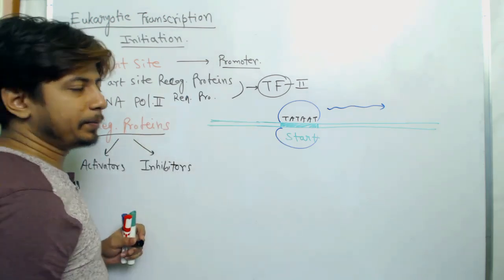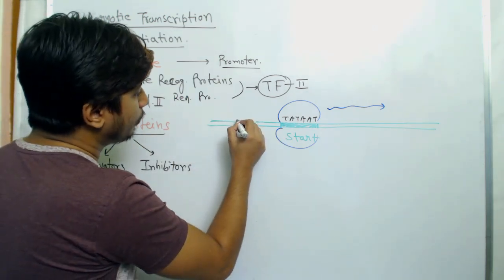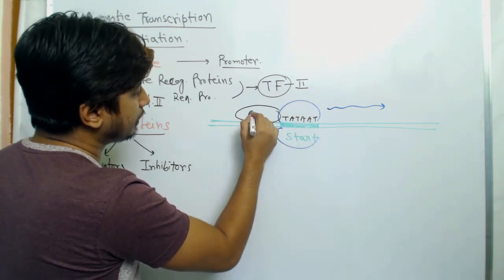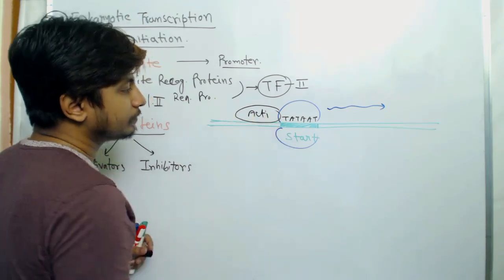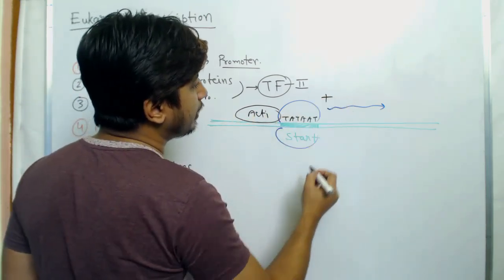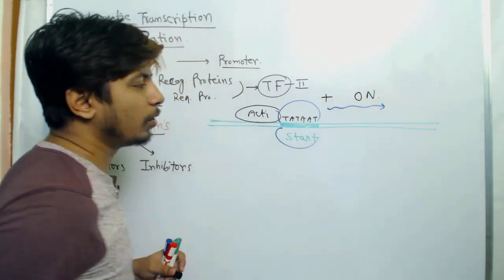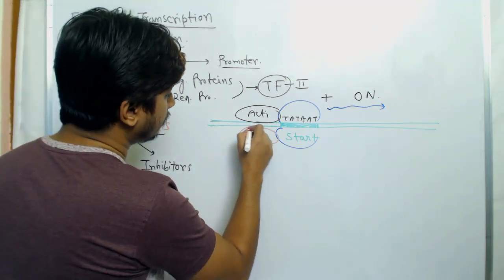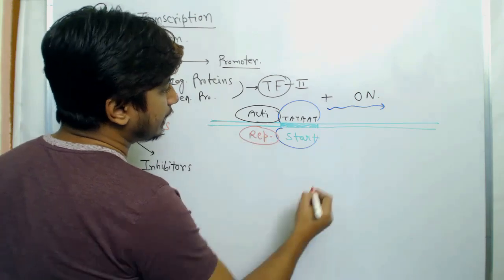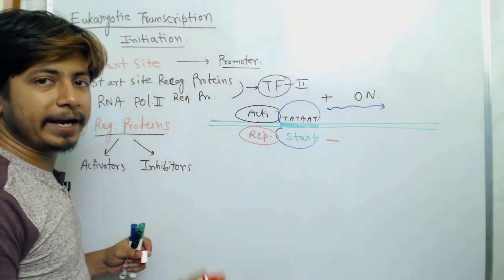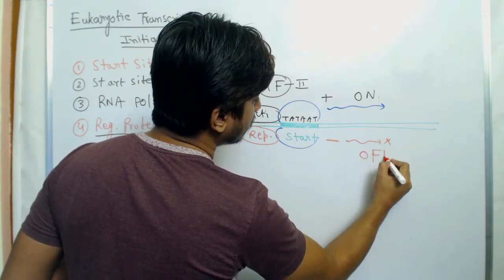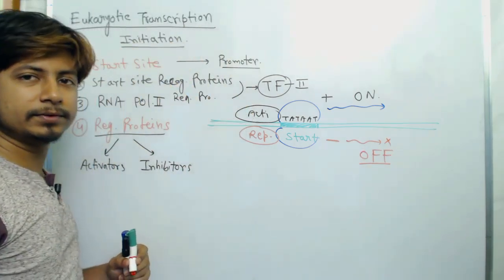Both of which will interact with the polymerase. Let's say this is the activator. So it will send a positive signal and transcription will go on. Now it may also recruit a repressor that will signal negatively and it will not allow the activation, so transcription will be turned off.